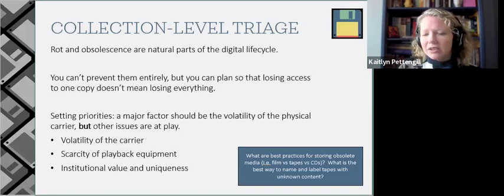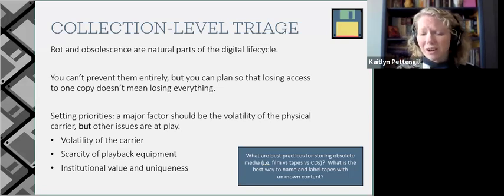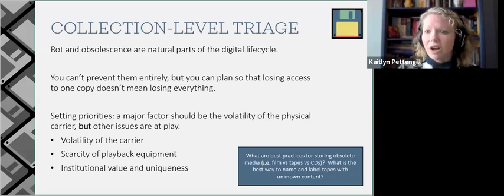And then it's also, of course, you need to consider how essential something is going to be to your institution, your mission. And I know it can be really difficult when you don't necessarily know what's on something. Is the label correct? Does it even have a label? It can be difficult to know what you really need to prioritize if you don't know what's physically on something. And you have to get access to it in order to know if it was worth putting your resources into accessing it. It's a little difficult.